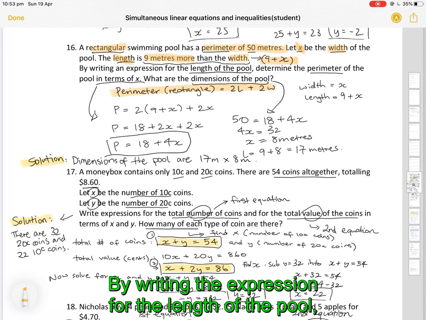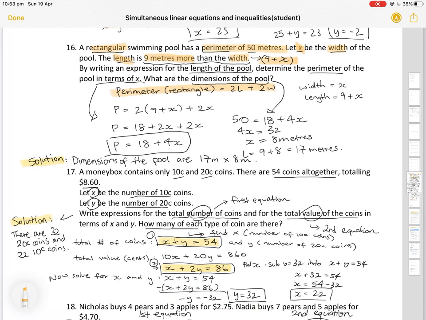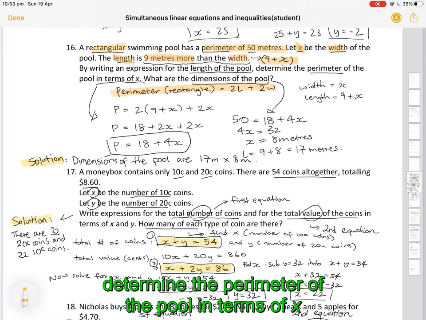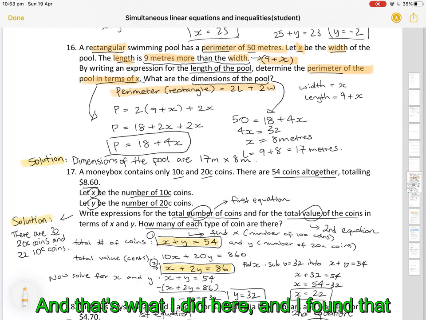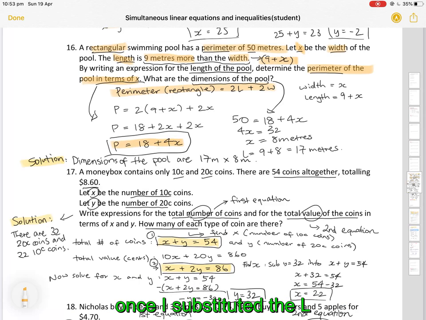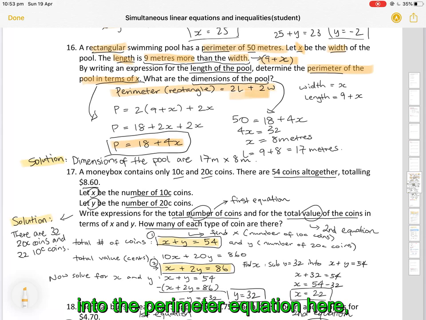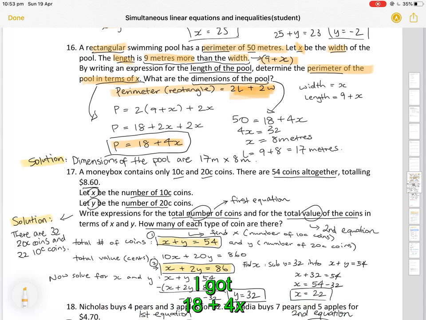By writing the expression for the length of the pool, determine the perimeter of the pool in terms of x. So what we're trying to find is the equation. And that's what I did here, and I found that once I substituted the L, which was 9 plus x, into the perimeter equation here, I got 18 plus 4x.